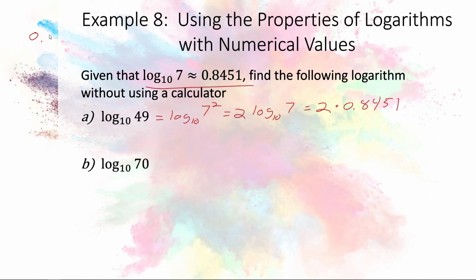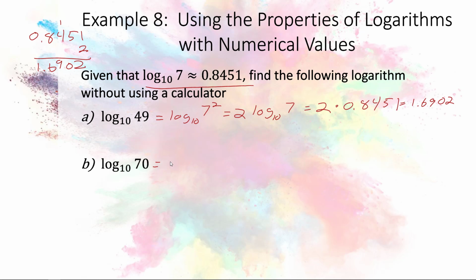And 0.8451 times 2 is going to be 1.6902.